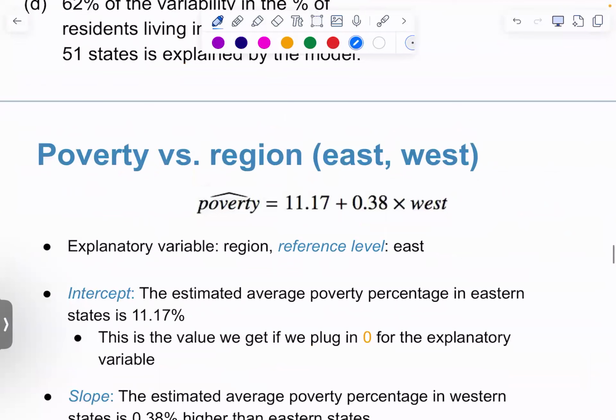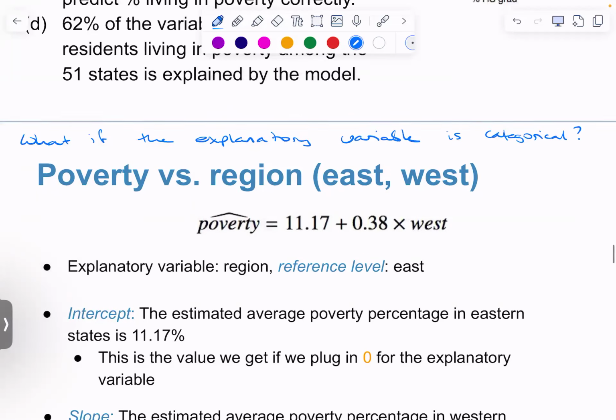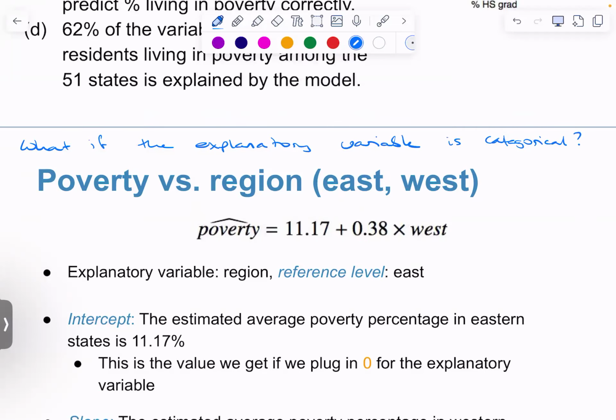What if the explanatory variable is categorical? So far we've had a numerical response variable and a numerical explanatory variable.